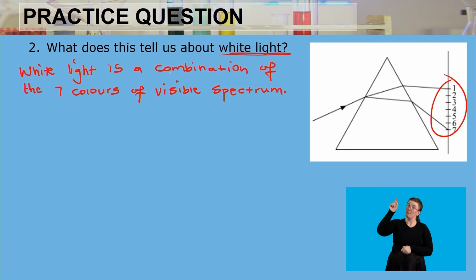So the white light now is the combination of all of these 7. So when you take all of those colors from red all the way to violet, when we mix them up together, what you're going to produce would be the white light.